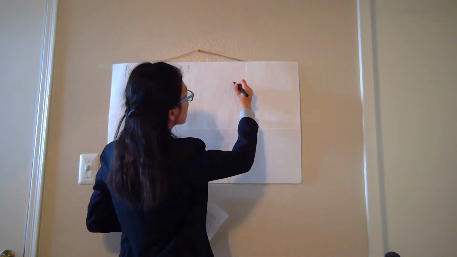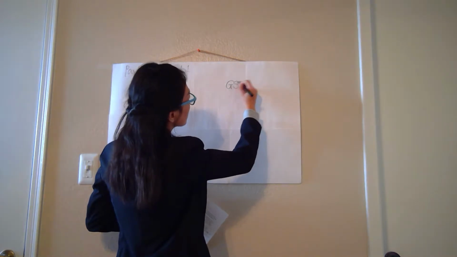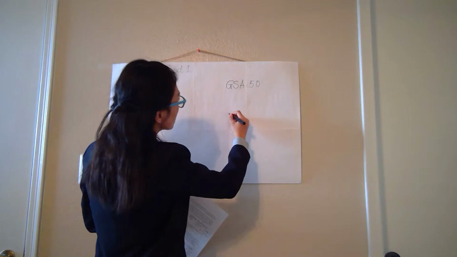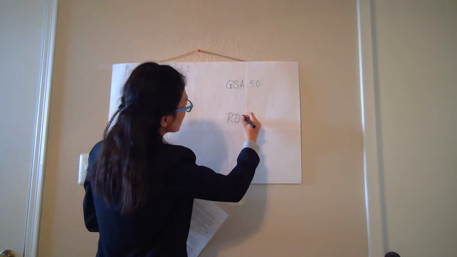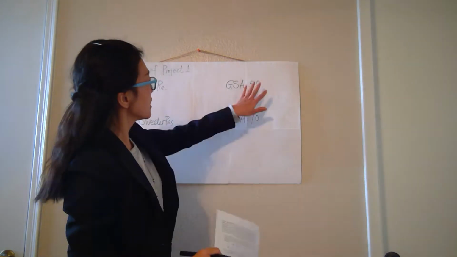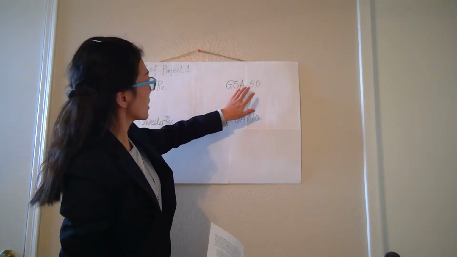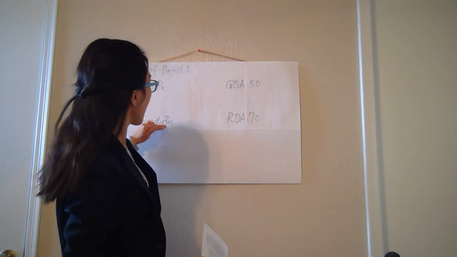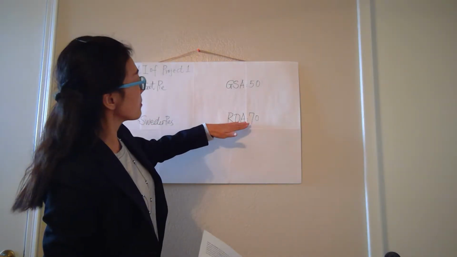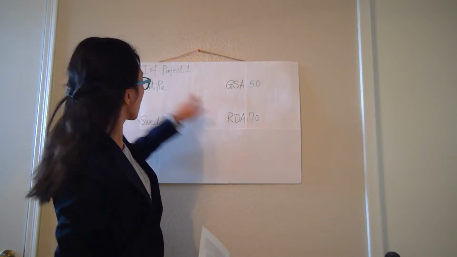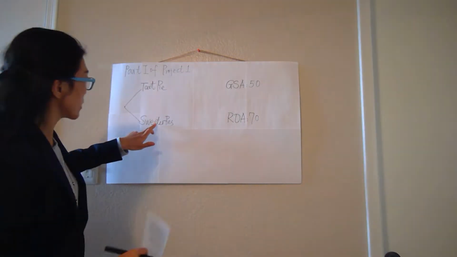We have 50 Granny Smith apples and 70 Red Delicious apples. Of each kind, some go to tart pies, some go to sweeter pies.